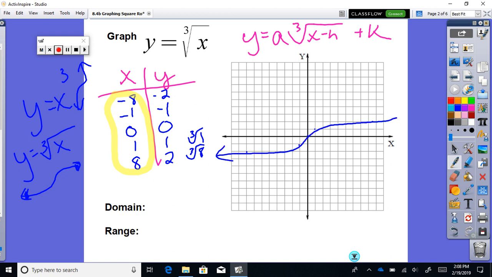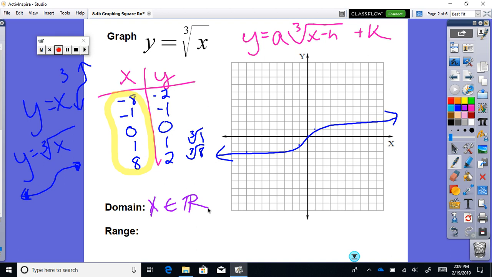So you can see that cubed root shape, but it's the inverse of the cubed root function. So it has been reflected over the line y equals x. Just like y equals x cubed, the domain is all real numbers because you can plug in the negatives here. X is an element of the real numbers for domain as well in the cubed root function.